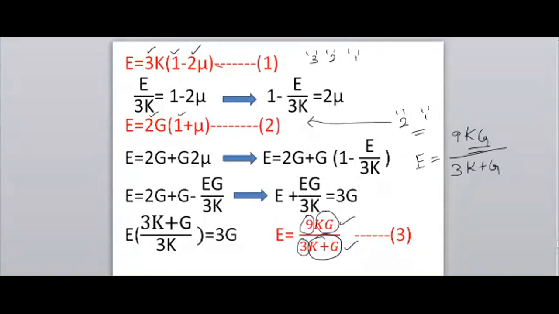Second derivation is a relationship between E and bulk modulus. Third derivation is a relationship between E and shear modulus, where E is Young's modulus and G is nothing but shear modulus. So with this, the second chapter is closed.